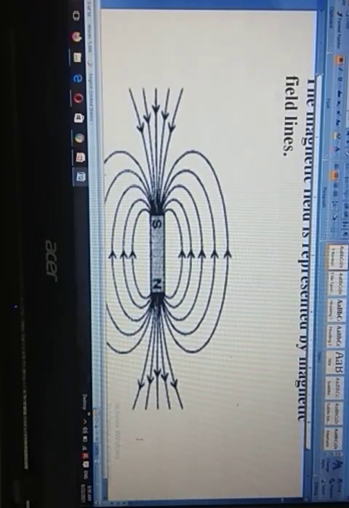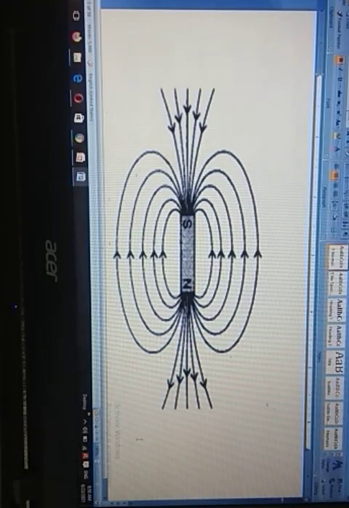The magnetic field is represented by magnetic field lines, and these are the magnetic field lines. As you can see, a magnet has two poles, north pole and south pole. From the north pole, the magnetic field lines emerge, and at the south pole they merge together. These representations show the region where magnetism is maximum.